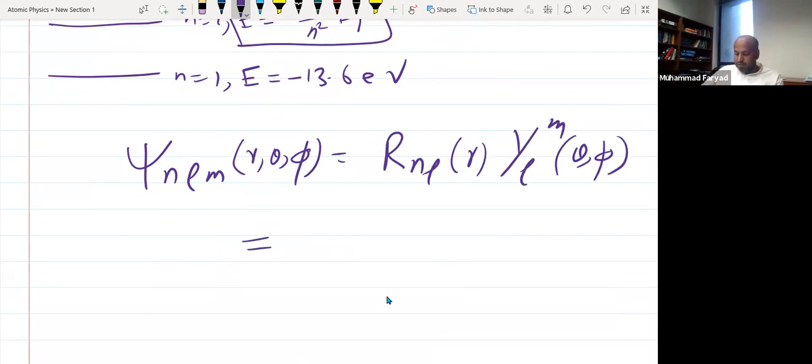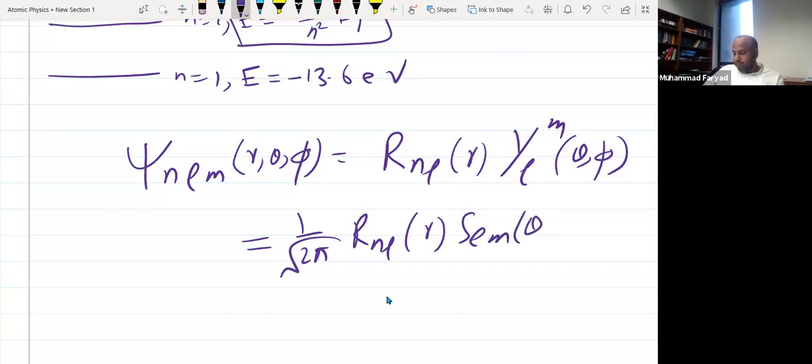And if you substitute the expressions for the YLM, it is R nL of r, P LM of theta, exponential i m phi. So any questions so far?